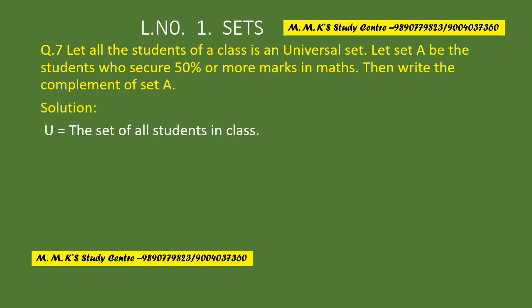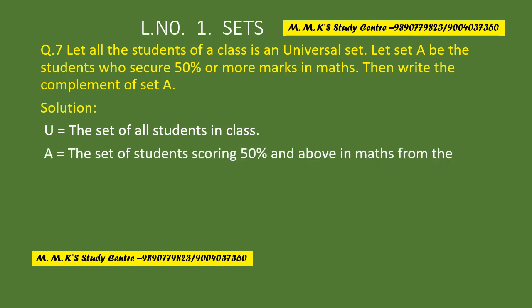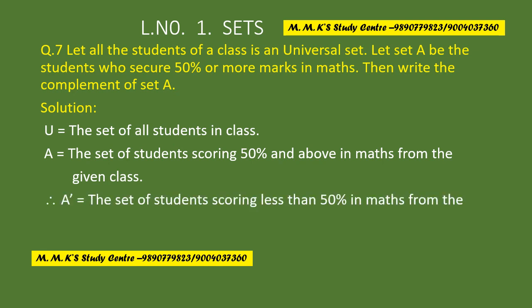The universal set is the set of all students in the class. Your A set is the set of students scoring 50% and above in maths from the given class. And A complement will be the set of students scoring less than 50% in maths from the given class.